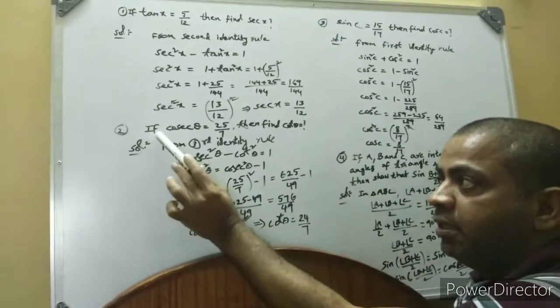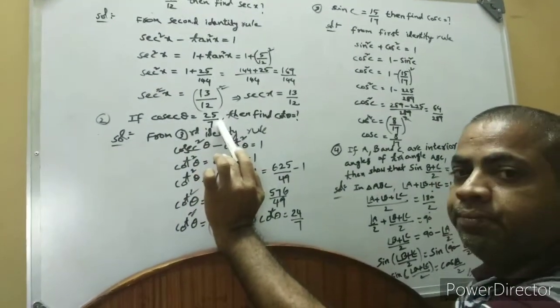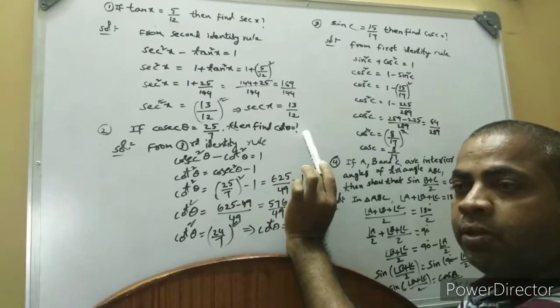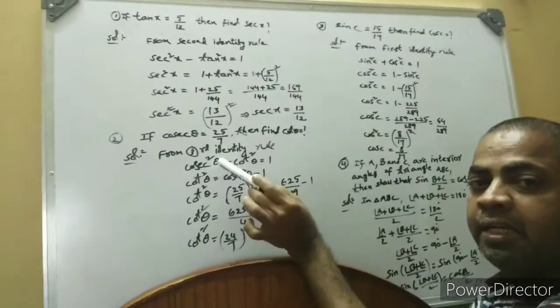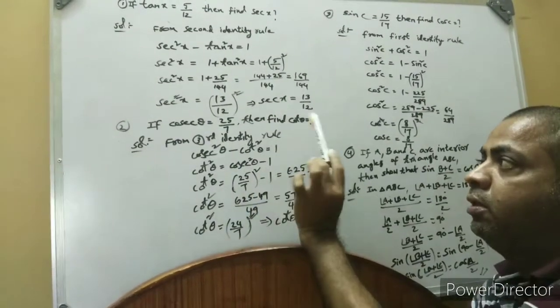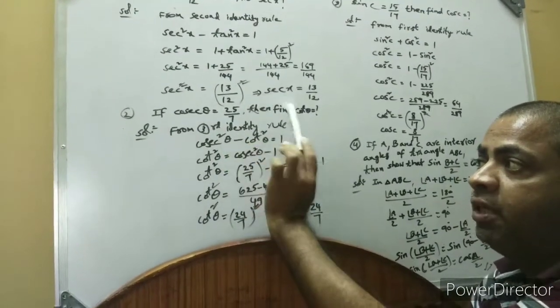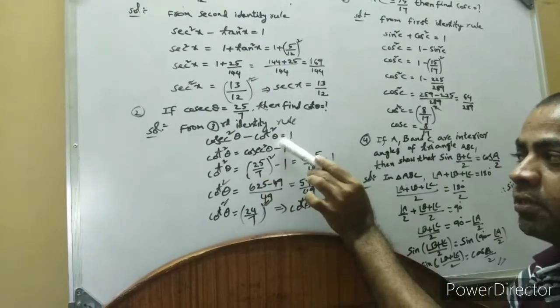Similarly, now we have to see the second problem. Here it is given: if cosecant theta is equal to 25 by 7, then find cot theta. Without drawing the triangle, I am only using identities to solve the problems. Cosecant and cot, the relation between them, the identity rule, is cosec square theta minus cot square theta is equal to 1.